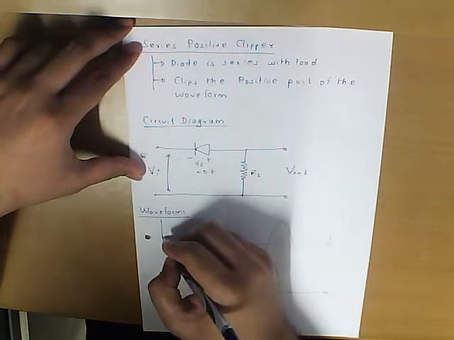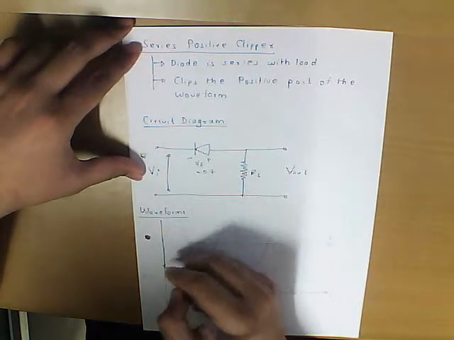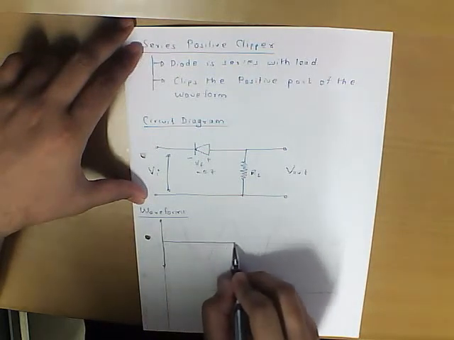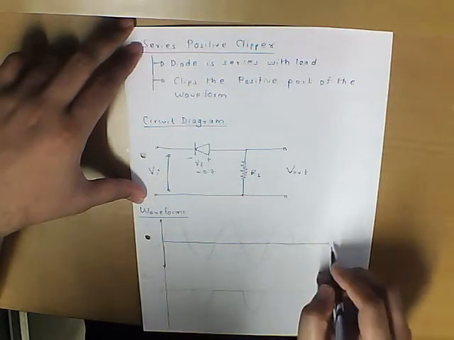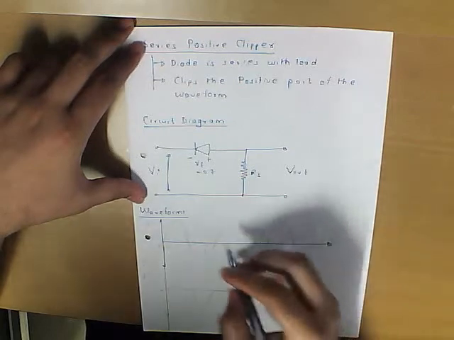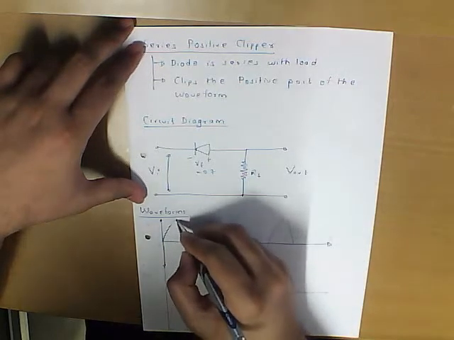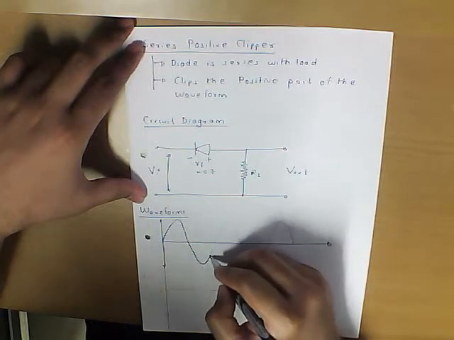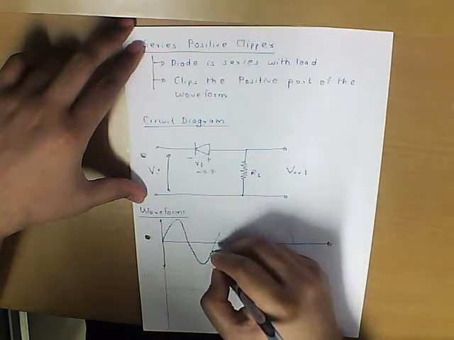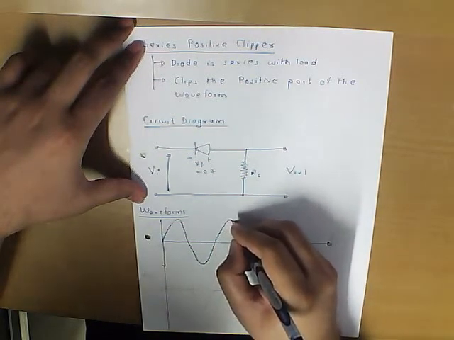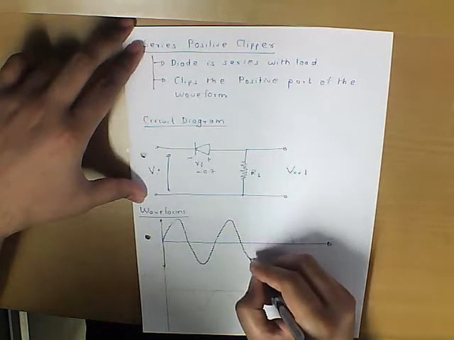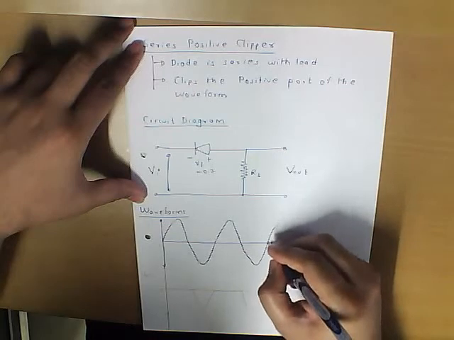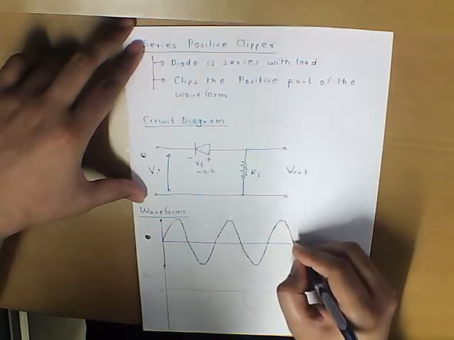So what we can show here is that if this is the axis, and again if we consider a sinusoidal waveform, then what we have here is a sine wave, and instead of showing a line at 0.7, we show that at minus 0.7.